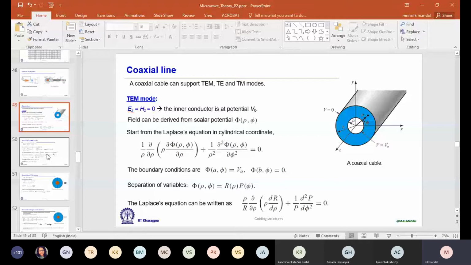But now if I compare the cutoff frequencies without doing any analysis, the TE mode has a cutoff frequency just like a rectangular or circular waveguide. The TM mode also will have a cutoff frequency. But what about the TEM mode? The TEM mode does not have any cutoff frequency. We can start right from DC.